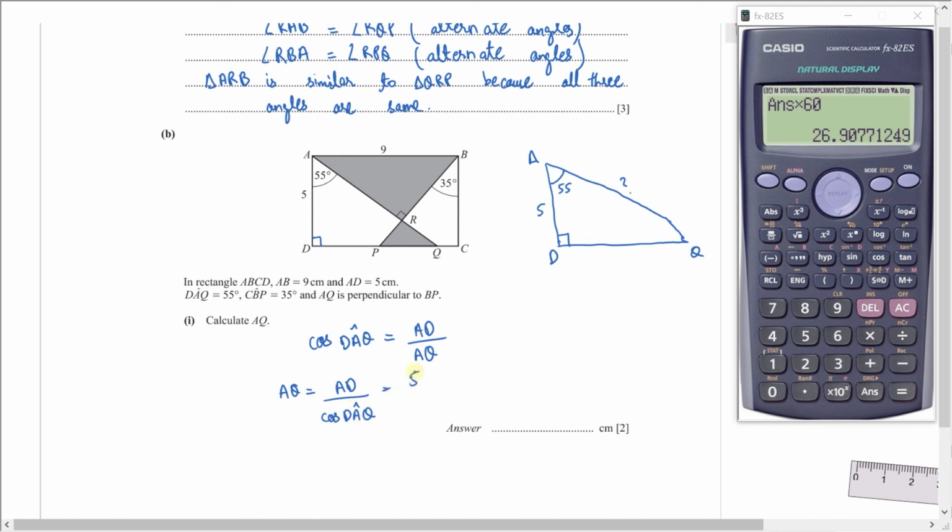So AD is 5 and DAQ is 55. So this will be 5 divided by cos of 55, which is 8.717, and I can write it as 8.72 centimeters to three significant figures.